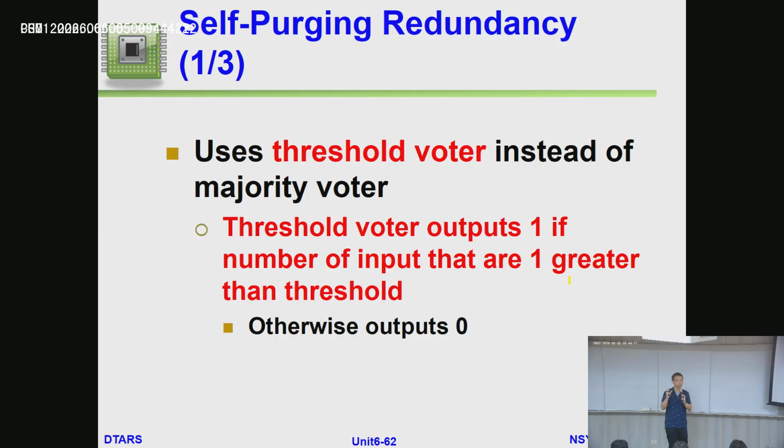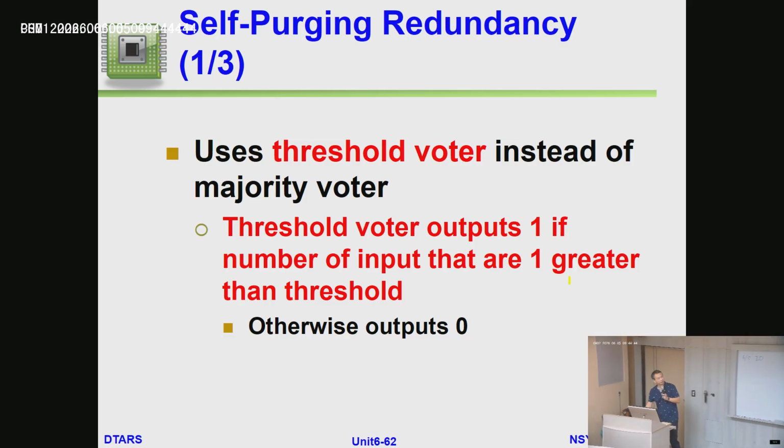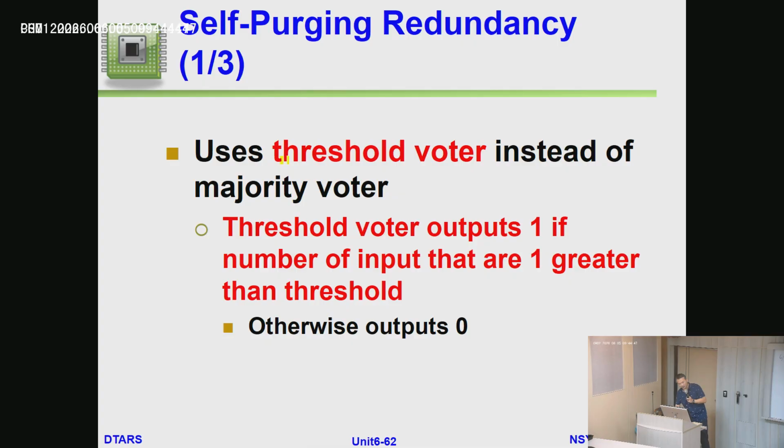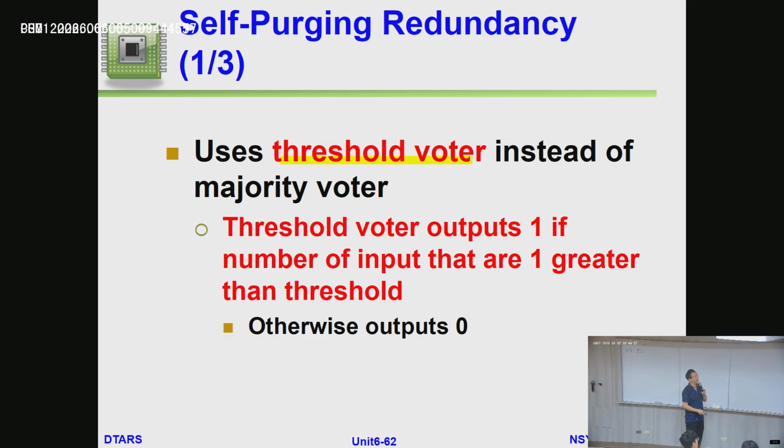Okay, so it is basically an automatic scheme that can automatically mask our errors and try to reconfigure our systems. Later you will find that its key part is this one, the threshold voter. So later please pay attention to this to see how the threshold voter helps to implement the hybrid redundancy methods. Here you can see the functionality of this threshold voter.